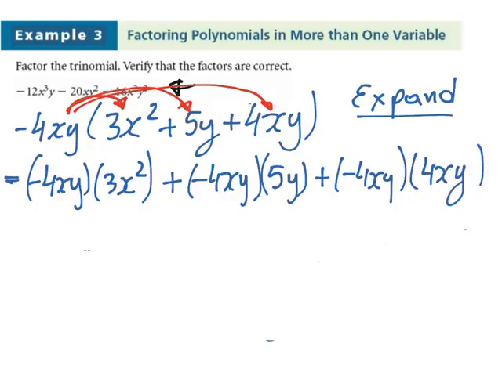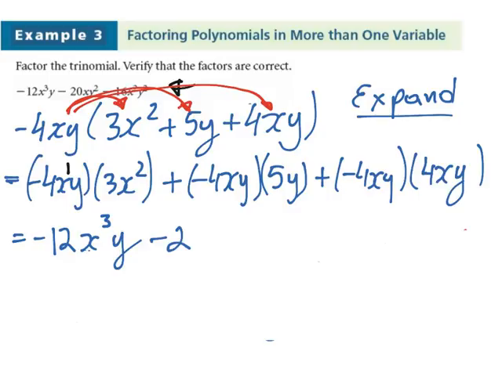Negative 4 times 3 is negative 12. And count how many x's do we have. If there's no exponent, there's an exponent of 1. So there's 1 x and there's 2 x's. So 1 plus 2 is 3. So it's x cubed. And there's 1 y. Usually we put it in alphabetical order, x and y, when it comes to variables. Oh, it's not positive. Negative 4 times 5 is negative 20. And x times y.